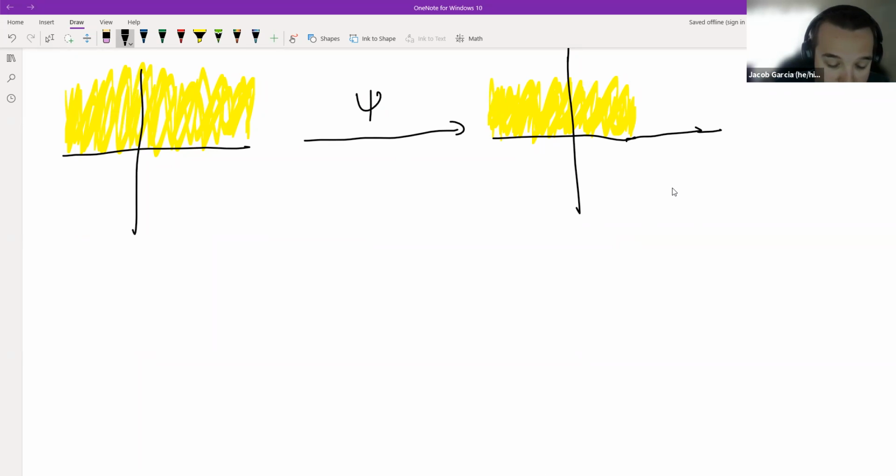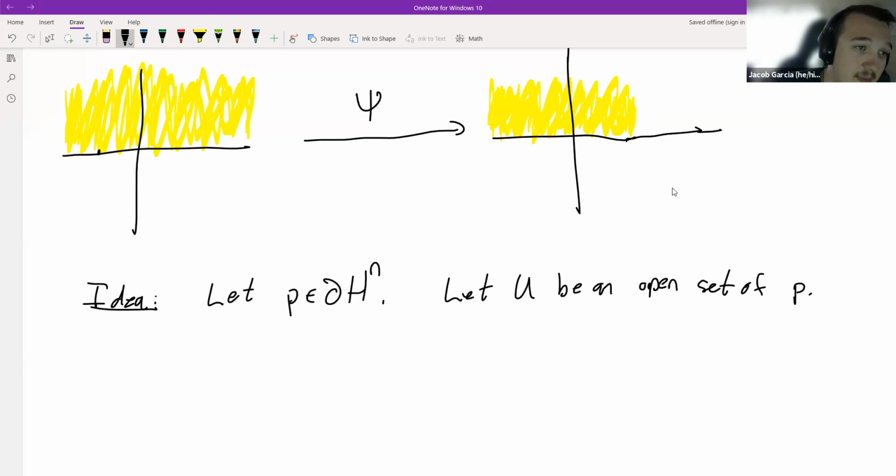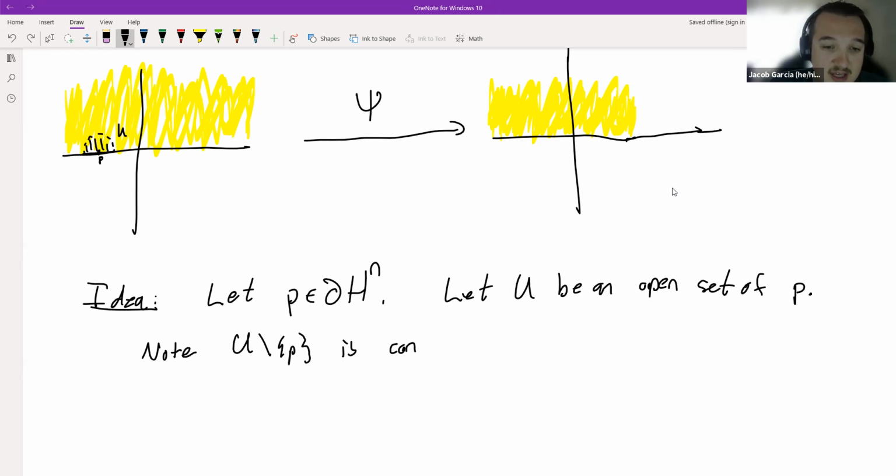So the idea is to let P be in the boundary of Hn, let U be an open set of P. So since P is on the boundary, it looks like this. And here's U. Note that U set minus P is connected, or let's say simply connected.